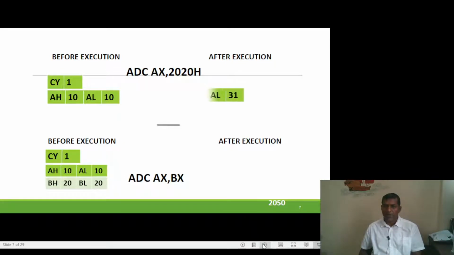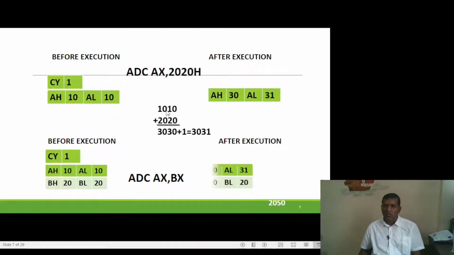So 1010, the contents of AX, and 2020 will be added here, and the result is 3030. To this result, carry 1 is added and we get the final result 3031. This will be stored into AX.